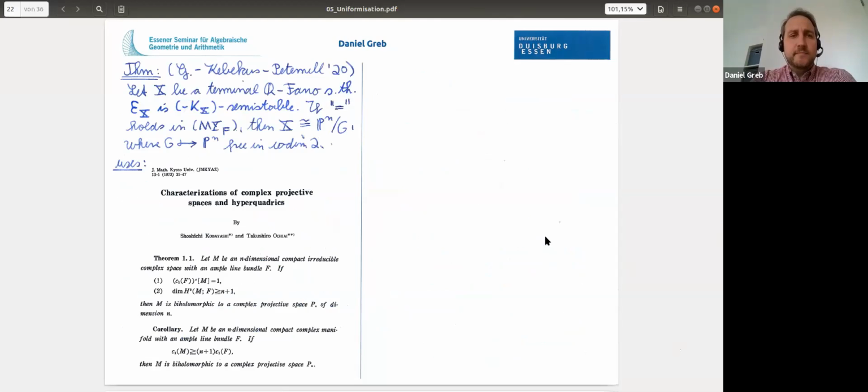So if I'm on a terminal Q-Fano, and again, you can replace terminal by KLT, such that this canonical extension is minus Kx semi-stable, if equality holds in the Miyaoka-Yau, then my space can be uniformized by P^n in the sense that X is of the form P^n modulo a finite group G, where G acts on P^n freely outside, in this case, a codimension 3 subset.